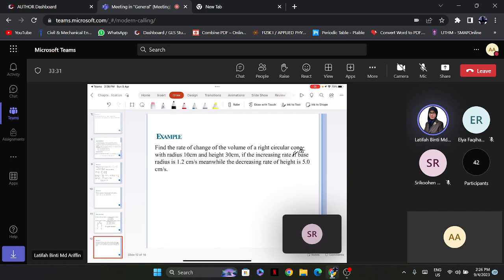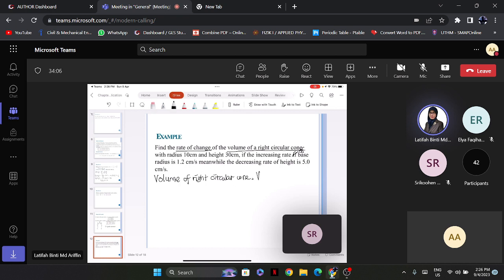First, what information is given and what we want to find. The question asks us to find the rate of change of the volume of a right circular cone. So what is the formula for the volume of a right circular cone? Who remembers?